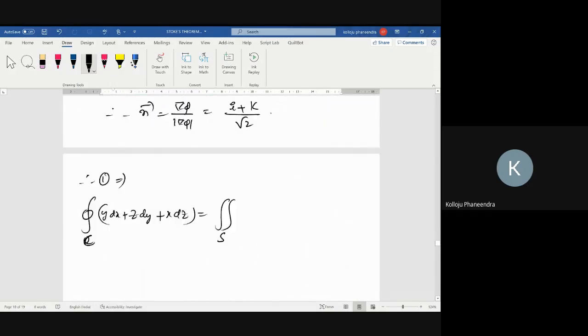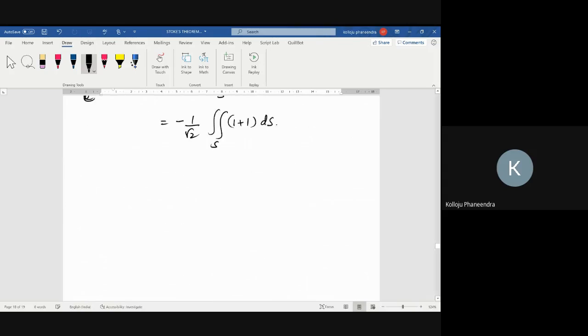Taking the minus outside, i plus j plus k dot i plus k by root 2, dS. That is equal to minus 1 by root 2 double integral over S of i into i, 1, k into k, 1, dS. That is equal to minus 2 by root 2 double integral over S dS.